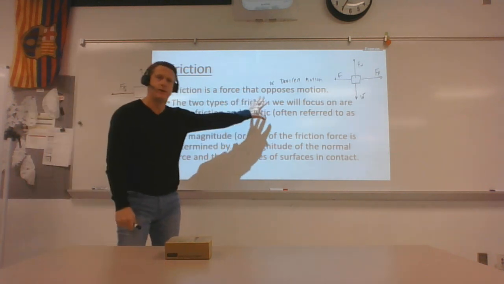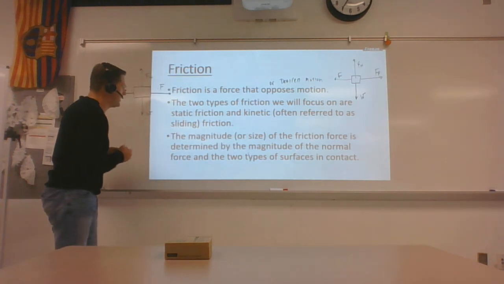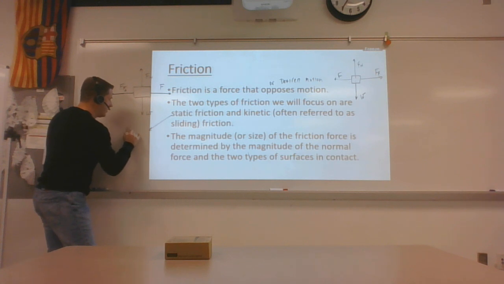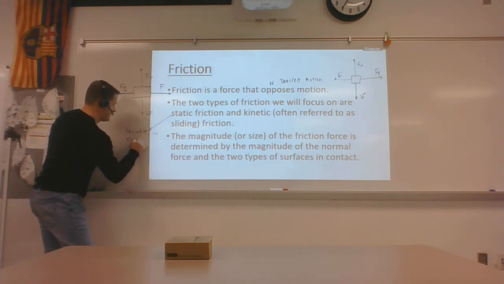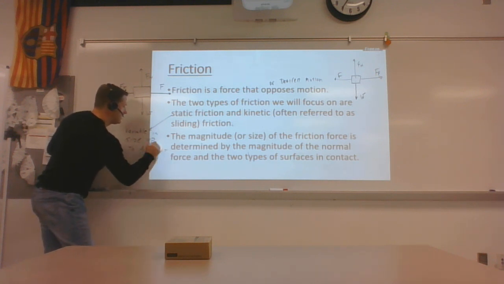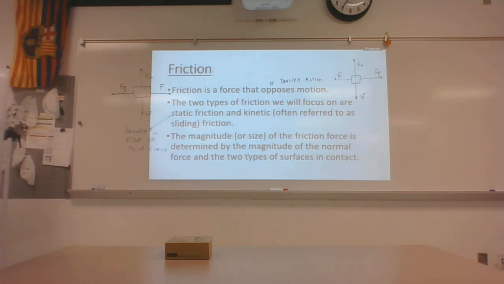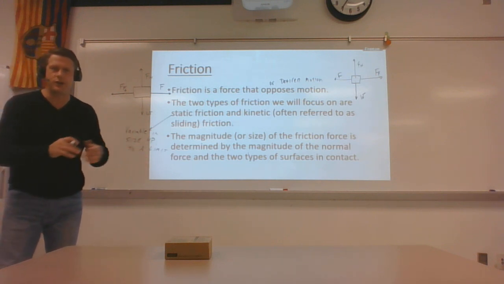Instead, we now have sliding friction. So this idea of static friction is important for us. This is variable in size up to a limit. So there's a maximum amount of static friction that an object can have with another object.